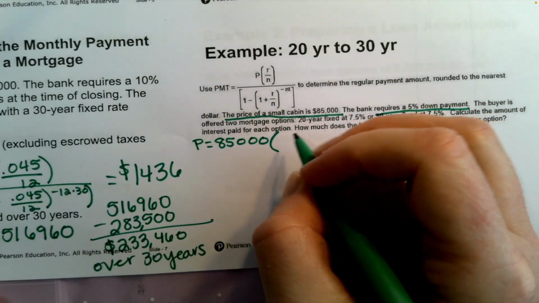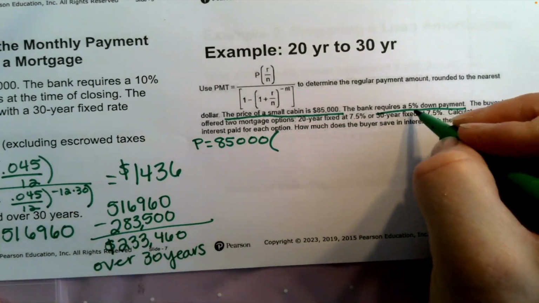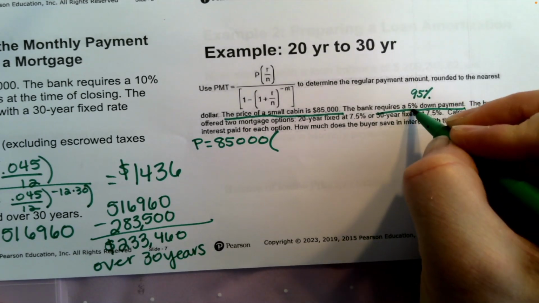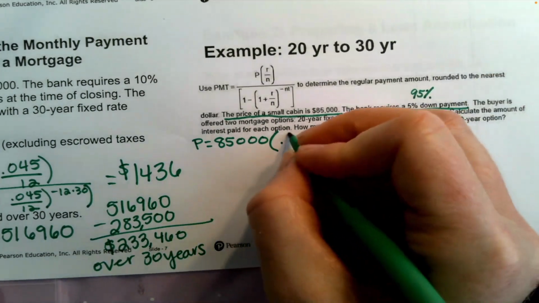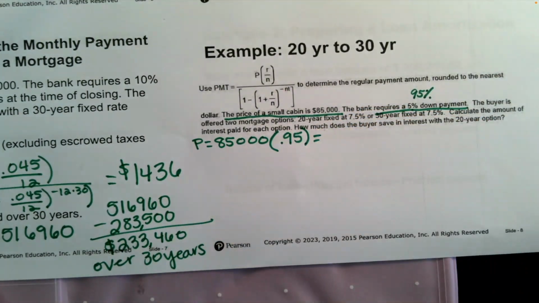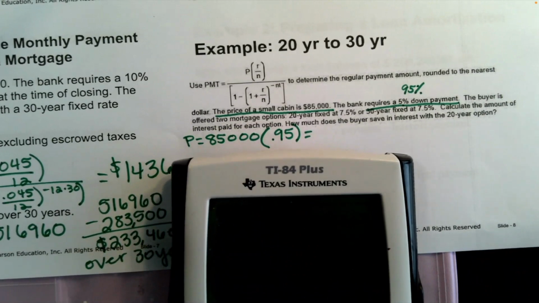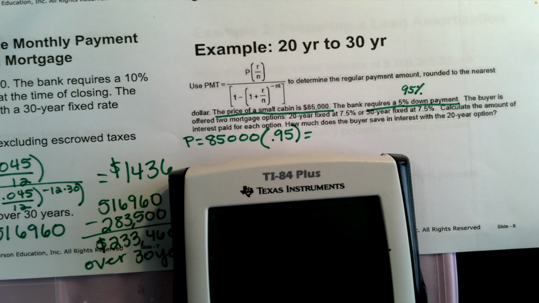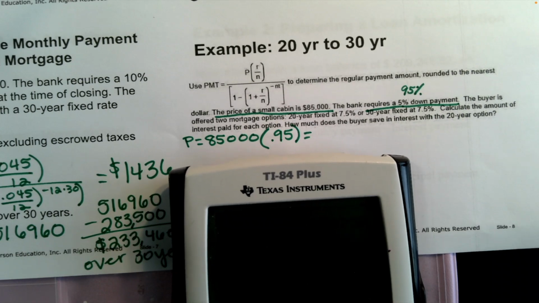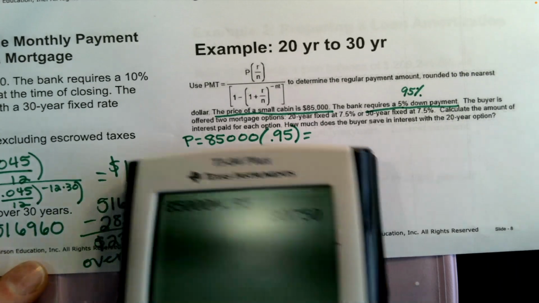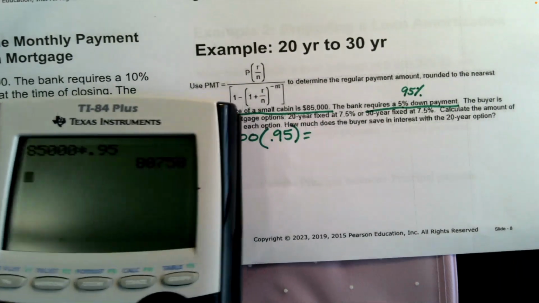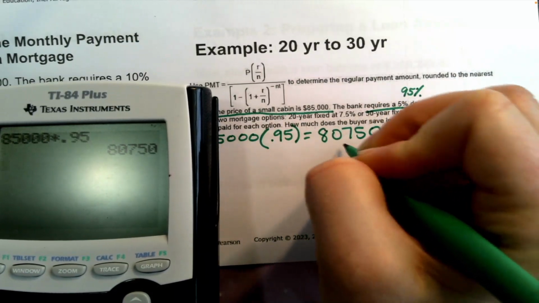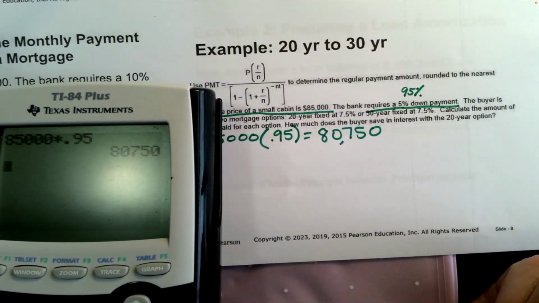So this is the way I'm going to do it. 5% down means 95% I'm going to borrow, so I'm going to do it the opposite way: 1 minus the 5%. 85 grand times 0.95, so that's 80,750.